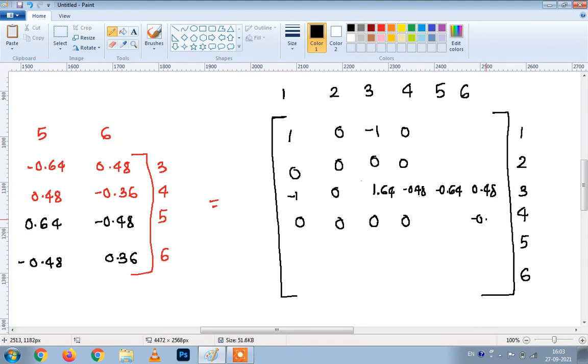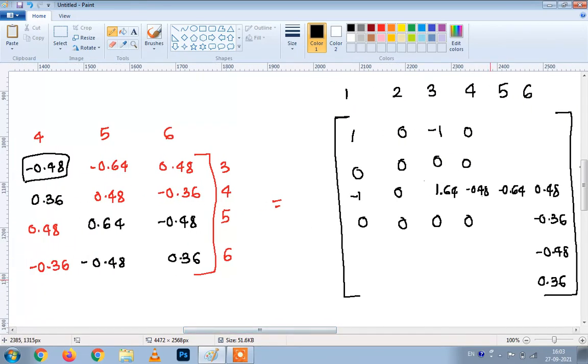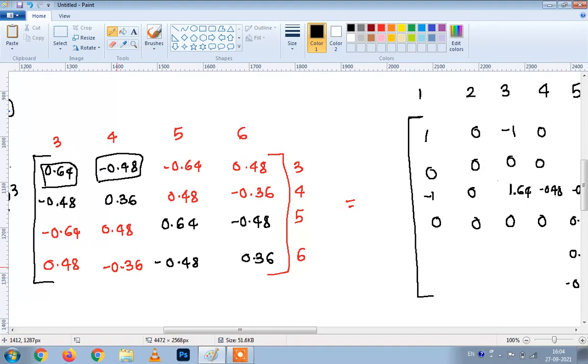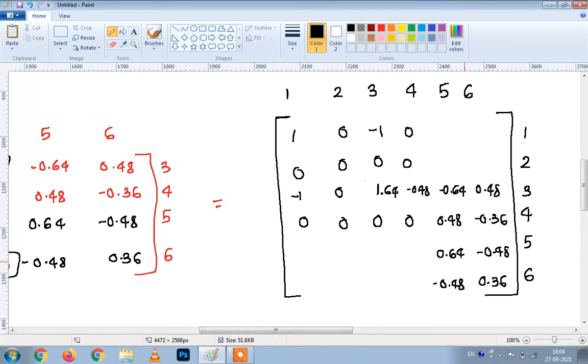You have to practice it well, so that you can add all these elements very easily and in no time. 0.48, I am just writing these elements here. Now the location is 6th row, 4th column. So here is the 6th row, 4th column.